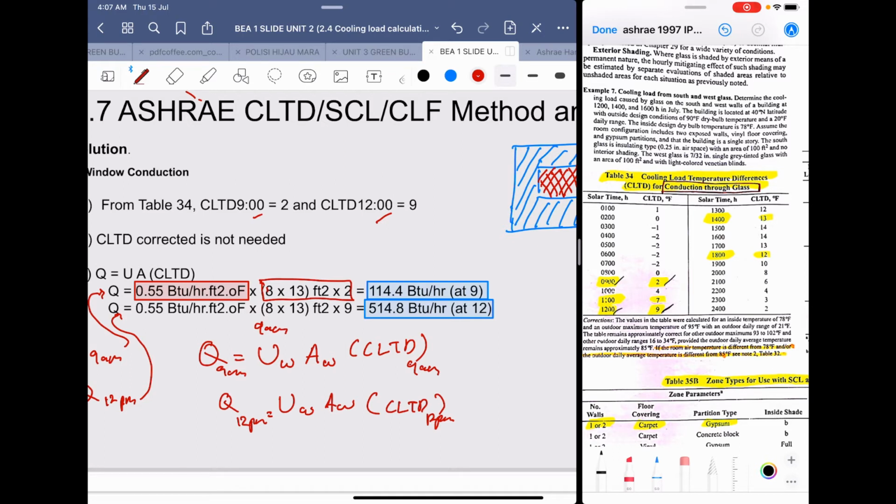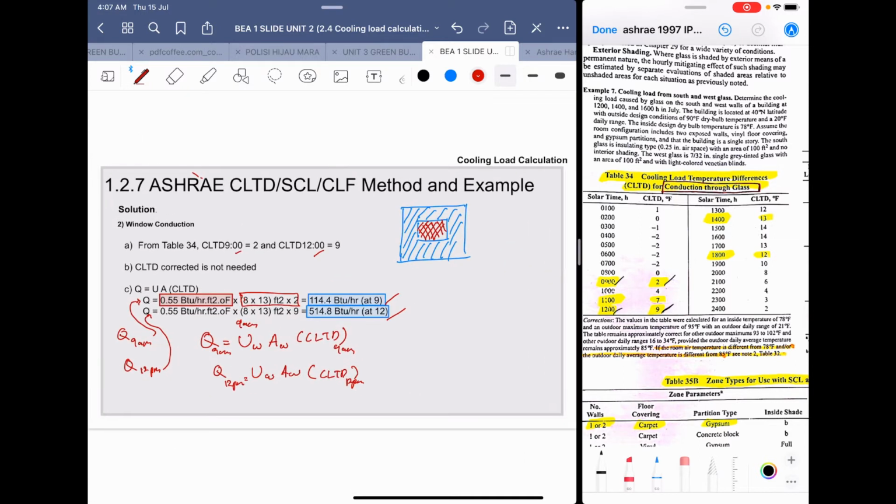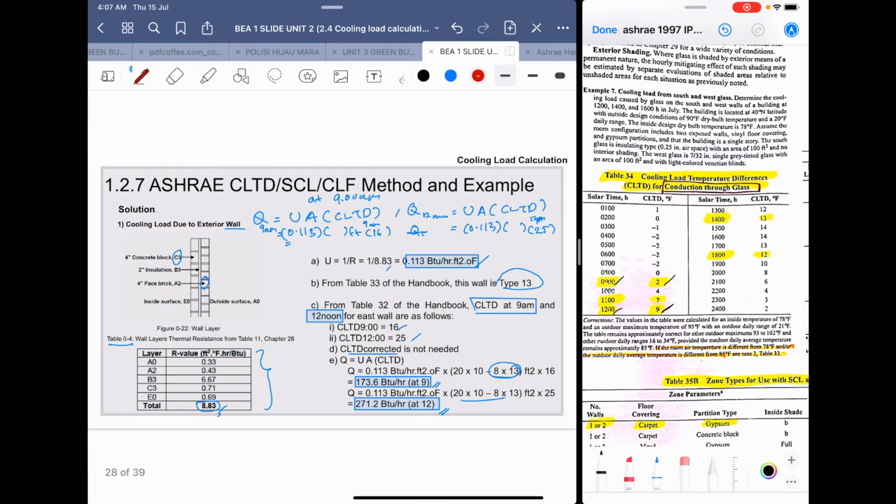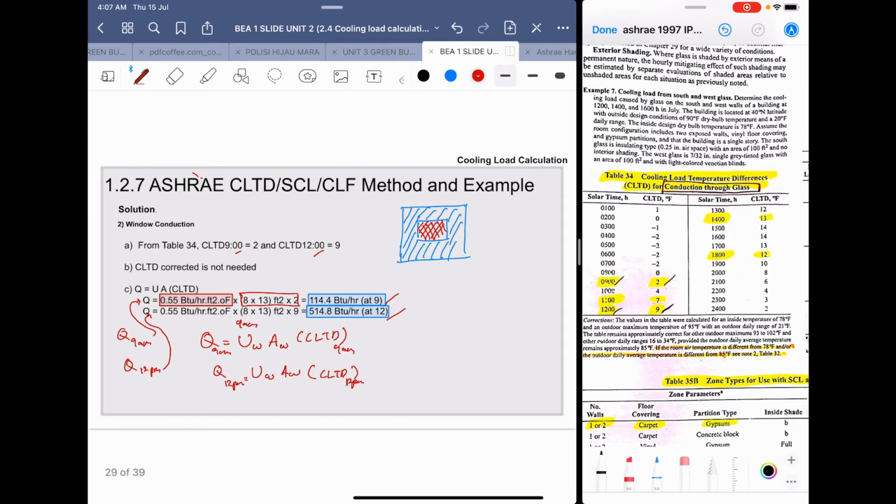And then we can get the Q cooling load through the window conduction, which is 114.4 BTU per hour at 9 a.m., and 514.8 BTU per hour at 12 p.m. Okay, so now we have these two values of cooling load already. One is the cooling load to the exterior wall at 9 a.m. and 12 p.m., and the other is the cooling load to the window conduction at 9 a.m. and 12 p.m.